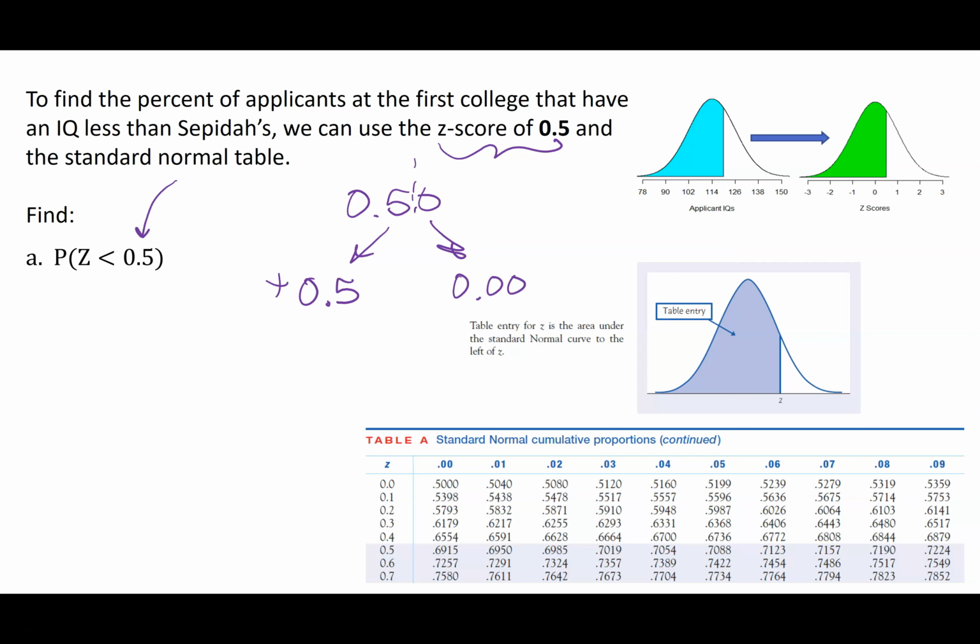You can always add zeros to the end. So this is going to tell me which row, 0.5. This will tell me which column. So the probability that z is less than 0.5 is about 0.6915. So this implies that at College 1, about 69.15% of the applicants at College 1 had a lower IQ than Sepida did.